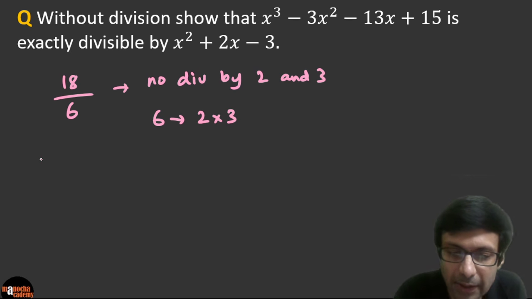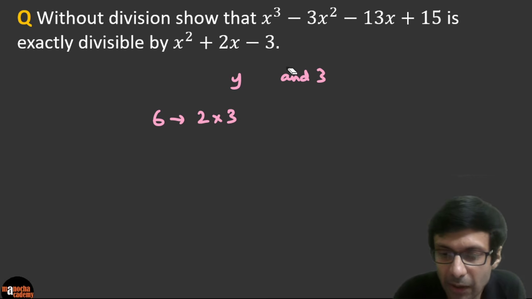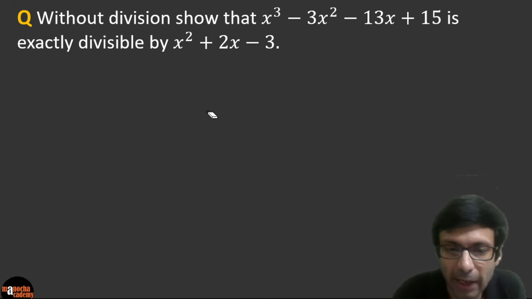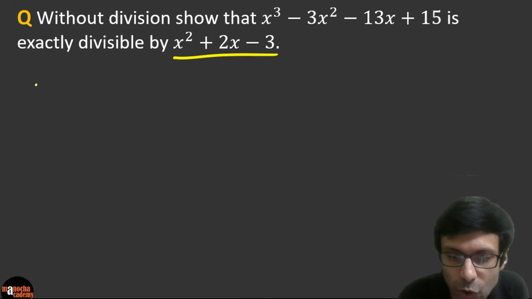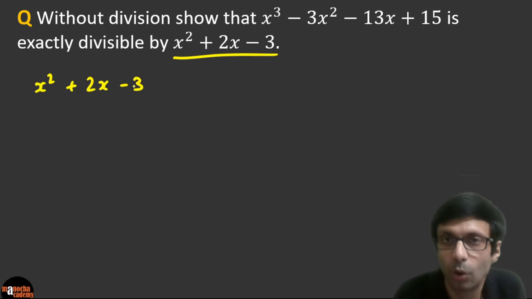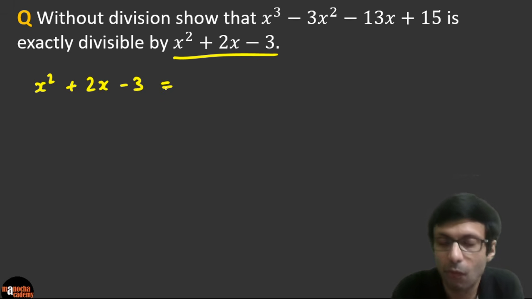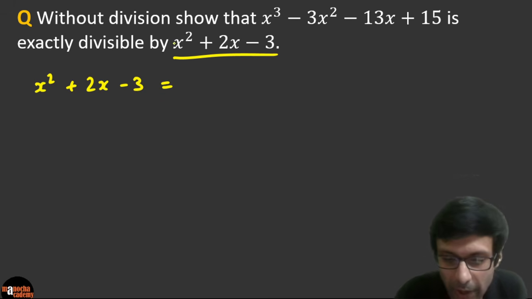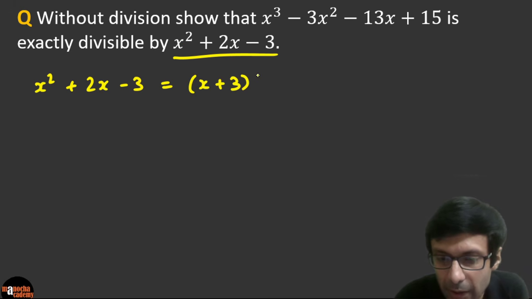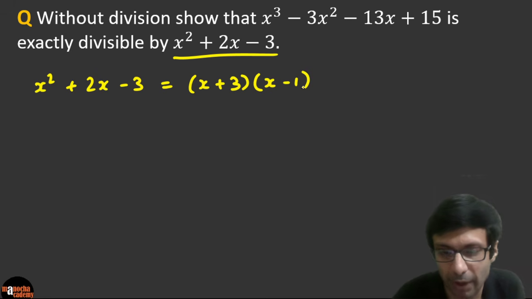So we're going to apply this technique here, and let's see. Since we are dividing by x square plus 2x minus 3, we want it exactly divisible by that. So let's go ahead and find the factors of this. What are the factors going to be, guys? It's going to be x plus 3 times x minus 1.